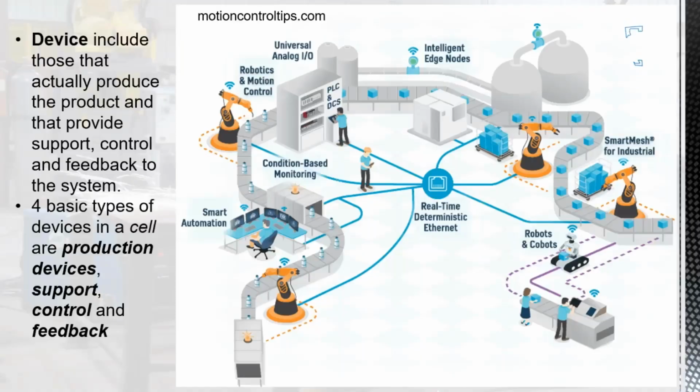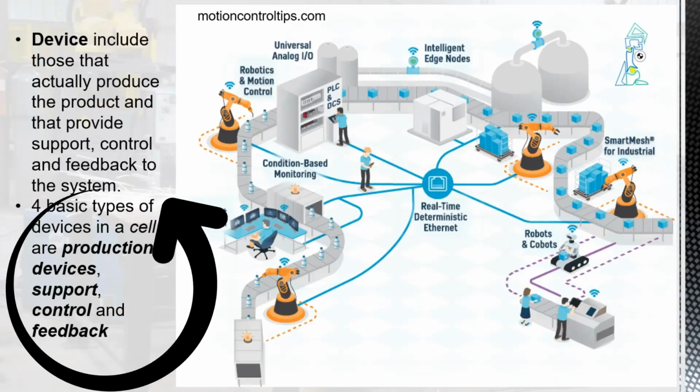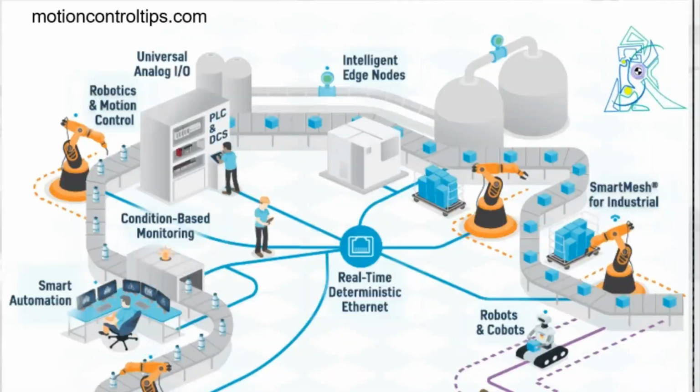In the environment of industrial automation work cells, there are actually four basic devices in one cell, which include the production devices, support devices, control systems, and the feedback.